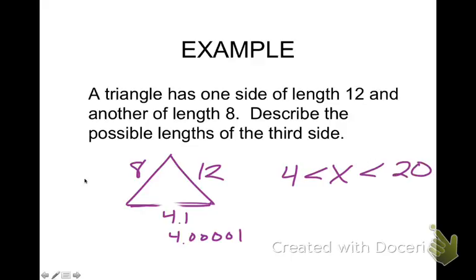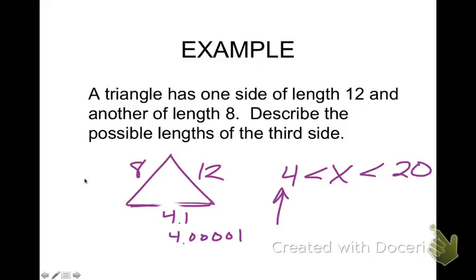We're not putting equals to with our inequality signs because we don't want it to equal 4 and we don't want it to equal 20, but we want x to be in between the two. So x needs to be greater than 4, and x also needs to be less than 20. So let's make a quick note. How do we get that number 4?